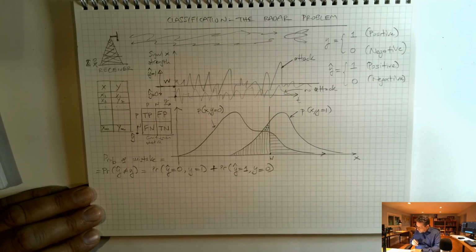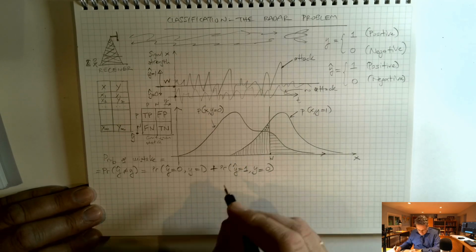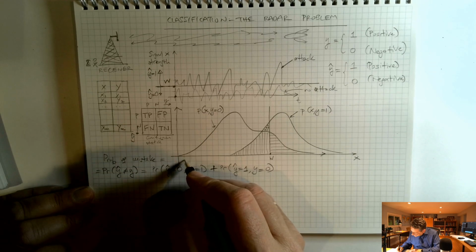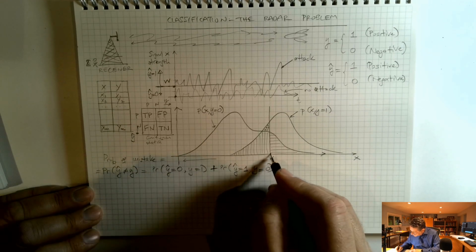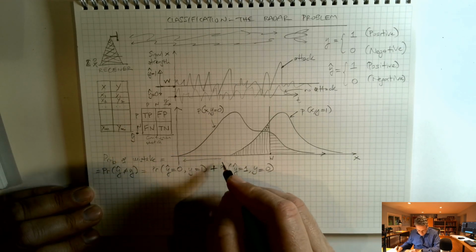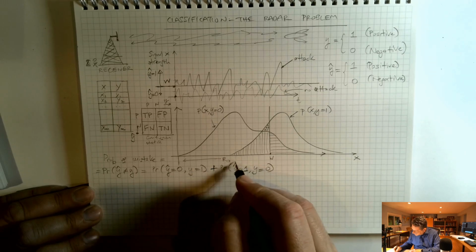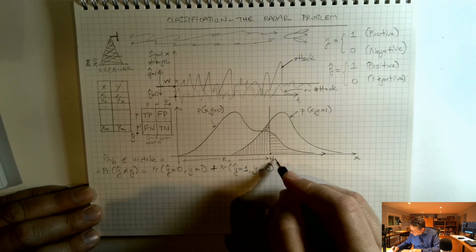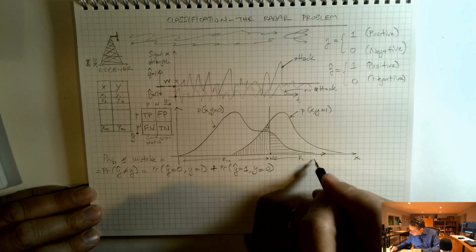And I think it's worthwhile now to understand what those probabilities are and how they are related to the histogram we have plotted. The moment we have specified a threshold location over here, W, we have split the region into two parts. The first region is called R0 and the second region is called R1.